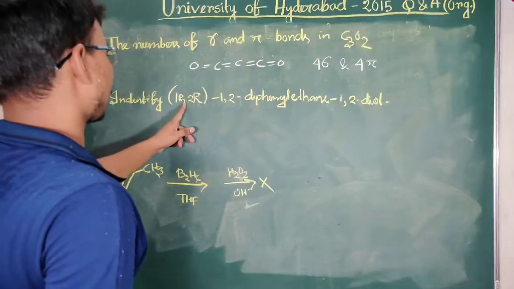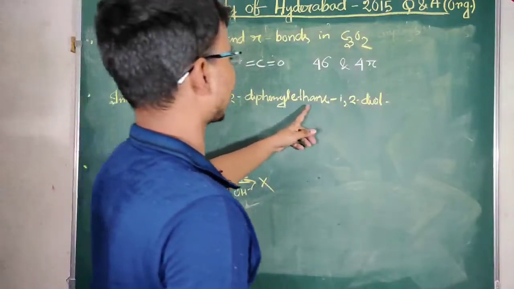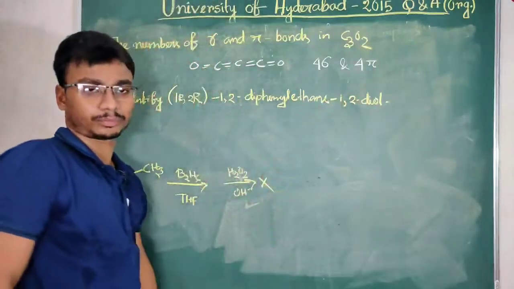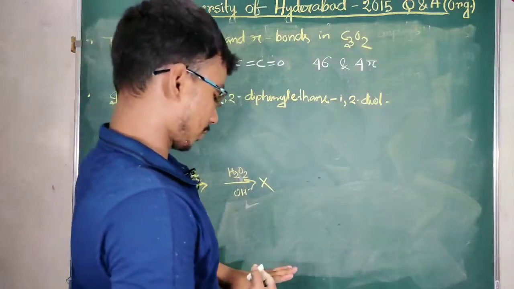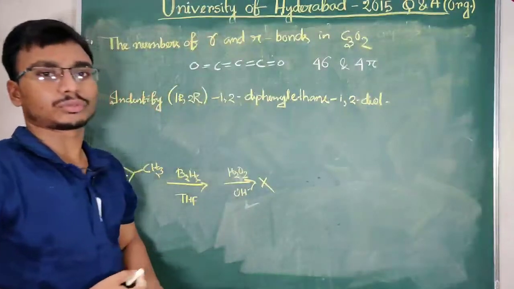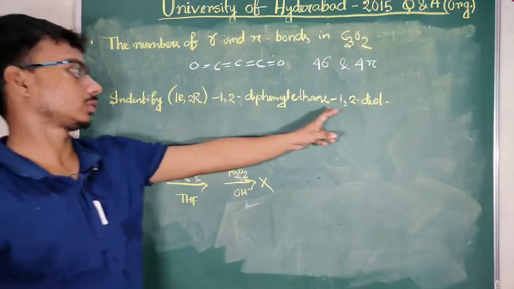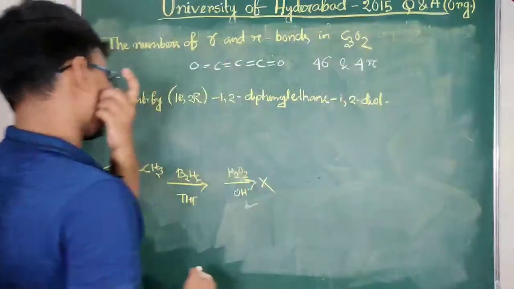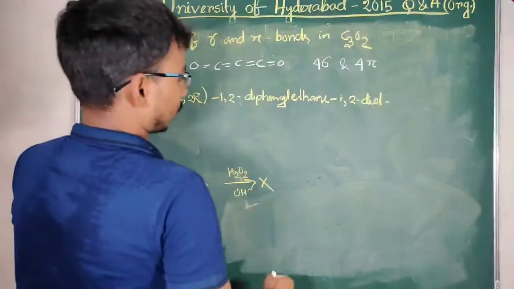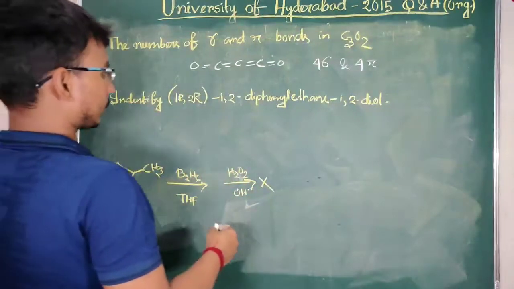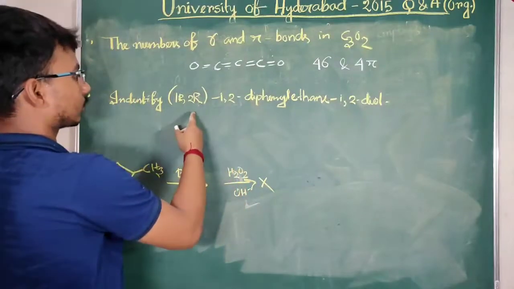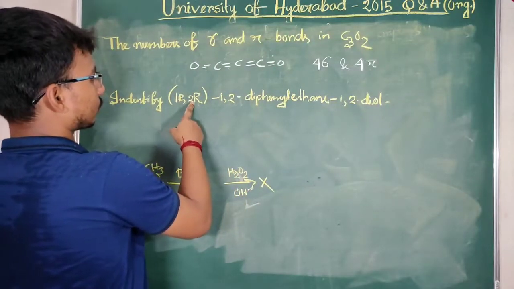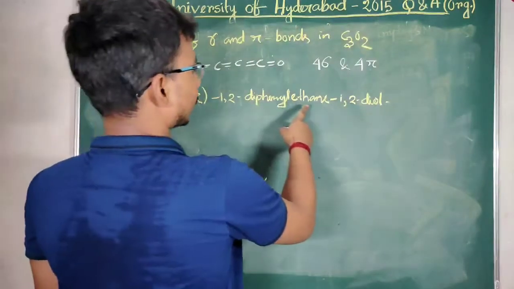Identify the 1,2-diphenyl ethane-1,2-diol. They have given four options. You have to choose the right one with this nomenclature. I didn't write the options, we directly write the structure. So at first they are saying 1,2-diphenyl ethane, 1,2-diol.